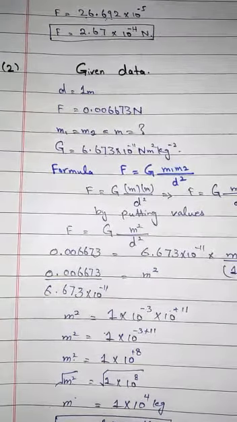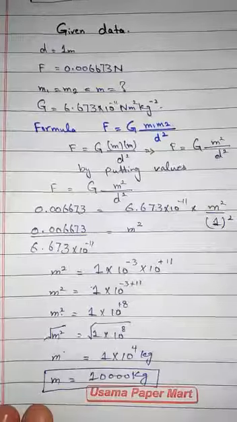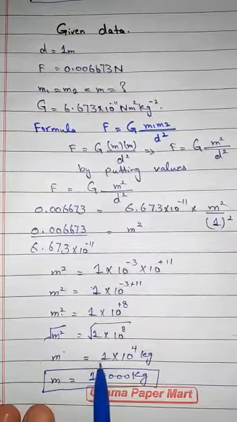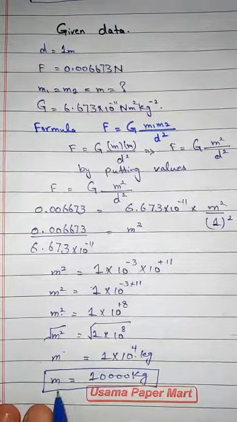That is our numerical. Clear? M is equal to 1 multiplied by 10 to the power 4 kg. M is equal to 10,000 kilogram.